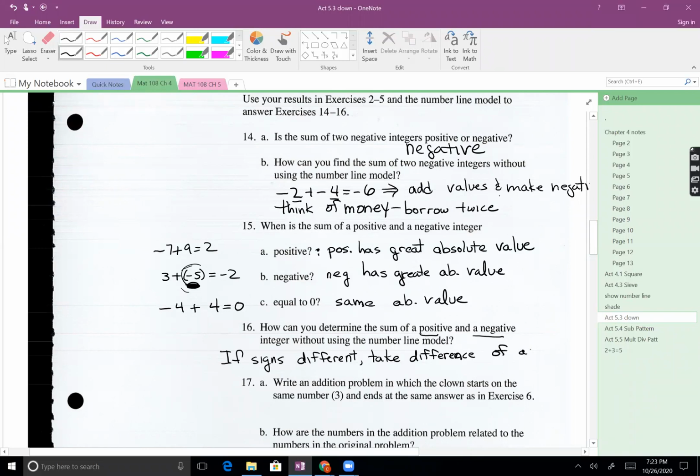Or can someone say if the signs are the same, you add, and if they're different, you subtract? What always stuck with me was, if they're different, take the difference, because take the difference is subtracting. If you want to say subtract instead, you can. And we're going to use the sign of the larger absolute value.